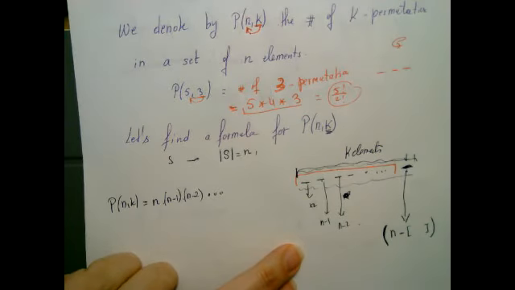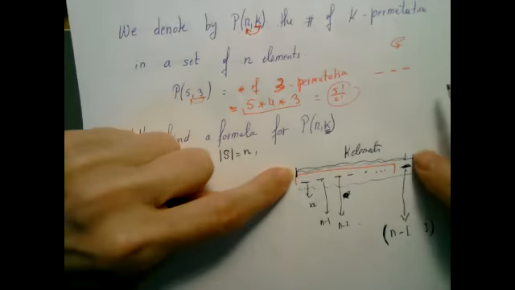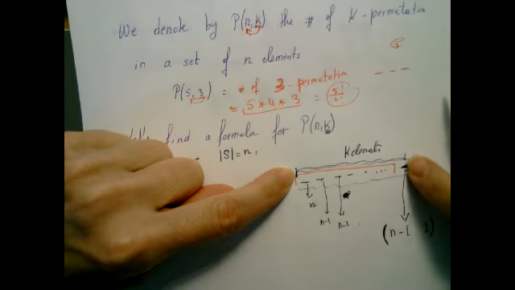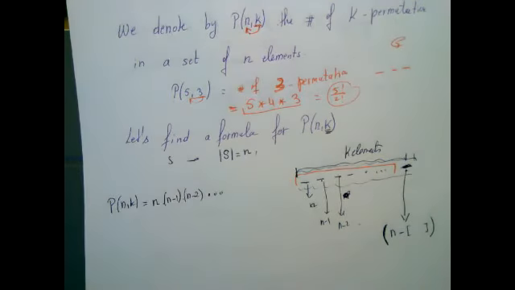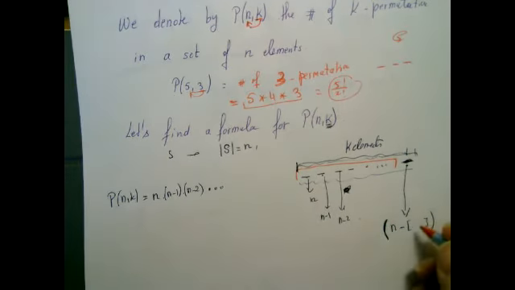Are you sure? Why k plus 1? If the whole thing is k, and I took up to here, how many did I take away? Do you agree with Nick? Did I take k plus 1 elements, or k minus 1 elements?